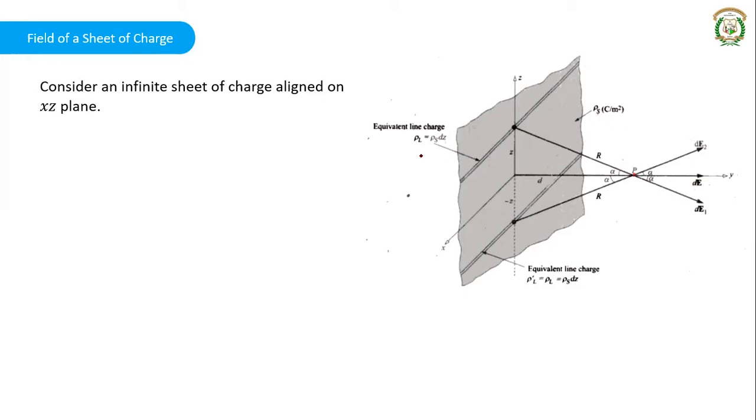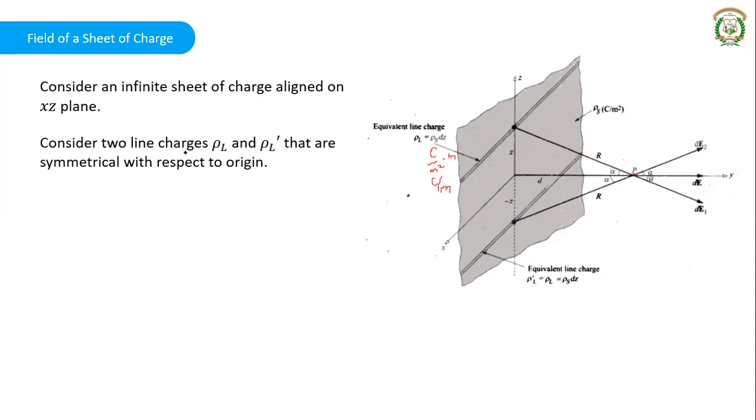Then the line charge density will be rho s multiplied by dz, if the elemental length in the z direction is dz. The unit of surface charge density is coulombs per meter square and the unit of dz is meters, so the unit of line charge density is coulombs per meter. That's why rho L is coulombs per meter.